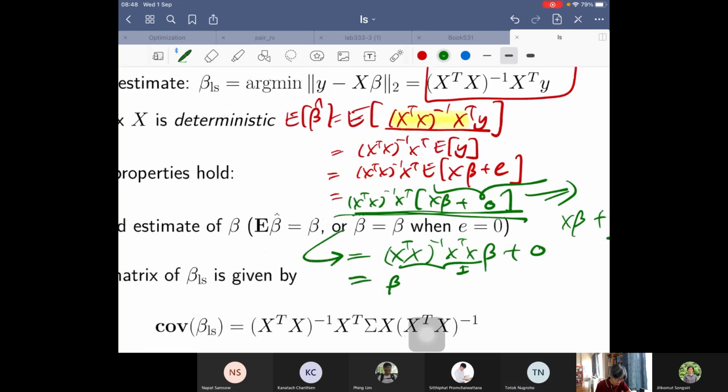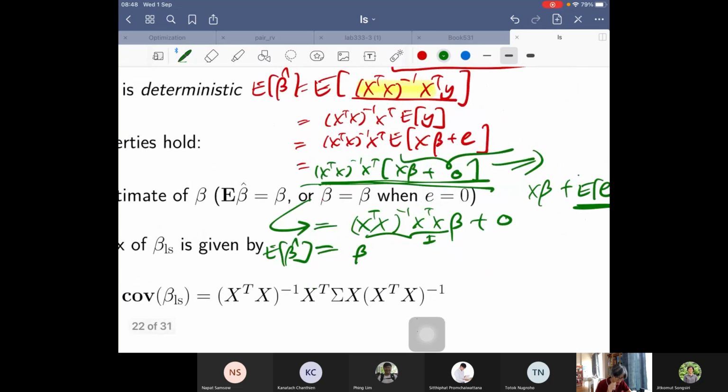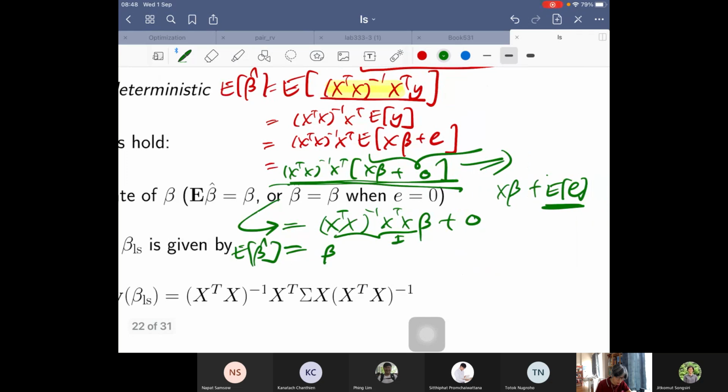What are we doing? We compute the expectation of beta hat, and the key result is that because the noise has 0 mean, the expectation of beta hat is equal to beta, and that shows beta hat is unbiased.